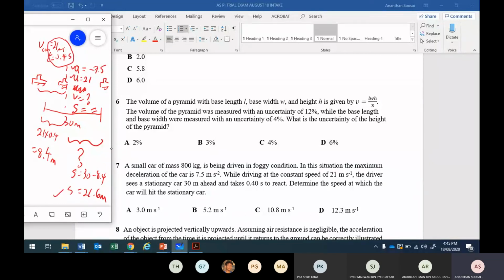So you know S, you know A, negative 7.5, you know U, 21, you can find the V. Of course, use the formula without T: V squared equals U squared plus 2AS, and you're able to get the V in meter per second.